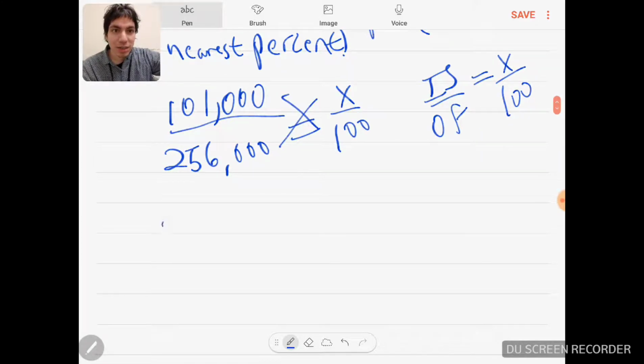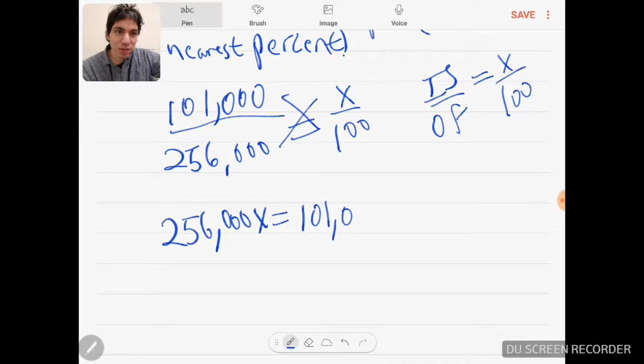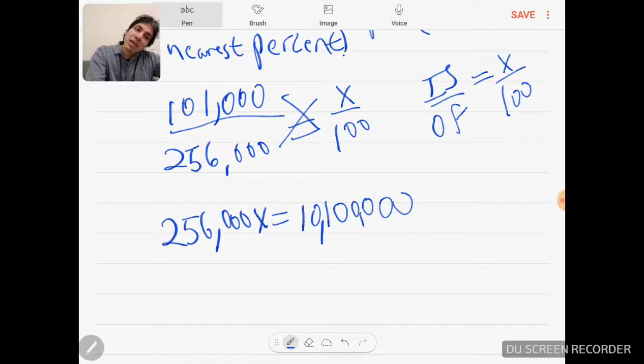Now, this is going to be a lot. 256,000 times x is equal to 101,000 times 100. I'm adding 2 more zeros, so this is practically 10 million.